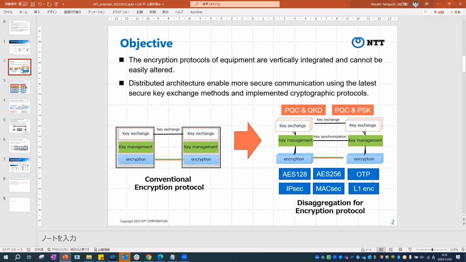Thank you very much for the comment. The requirement of my proposal is separating the key exchange and encryption, so it's possible to use alternative key exchange or key encryption techniques. The other is that we would like to control the encryption key on a resource basis.